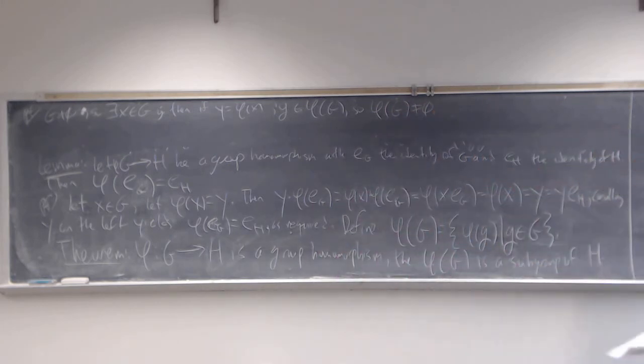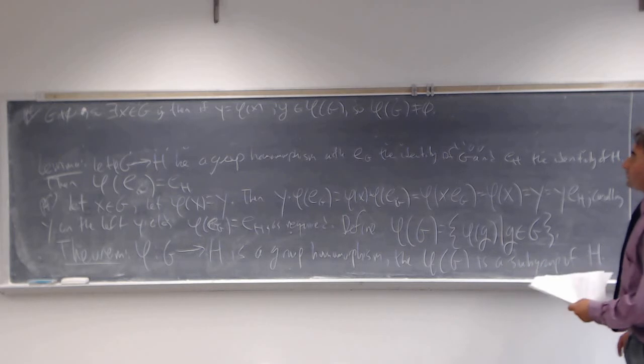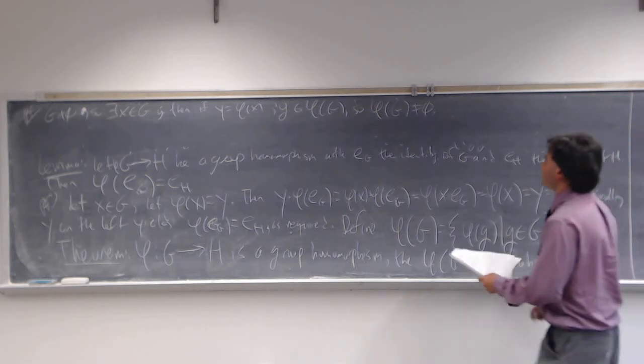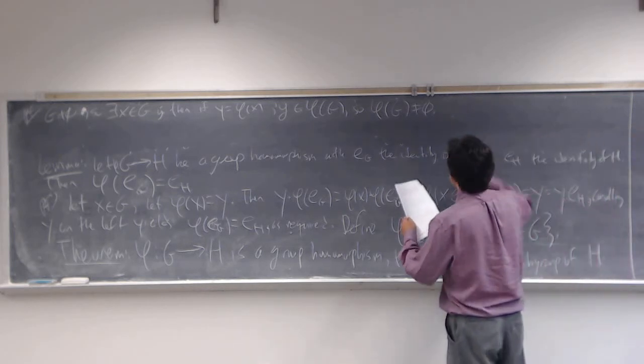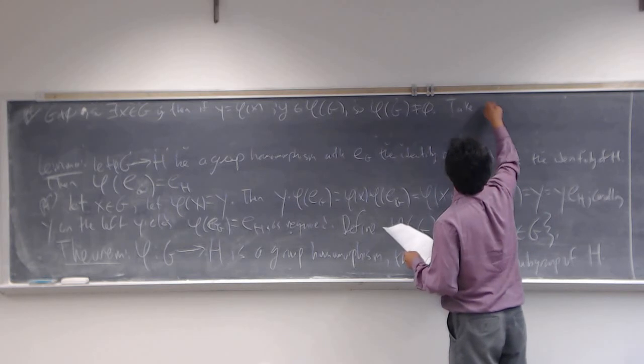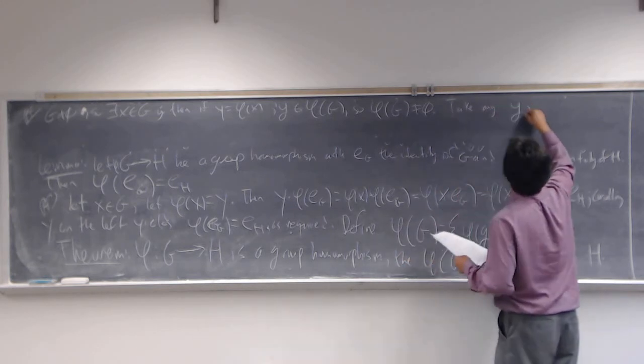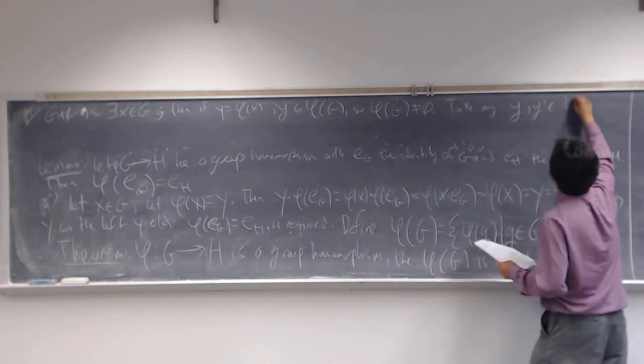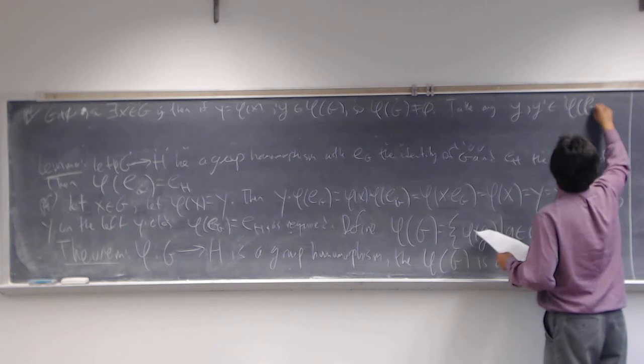What we want to do is apply the two-step subgroup test. So we first take any two elements of the range, call them y and y prime.